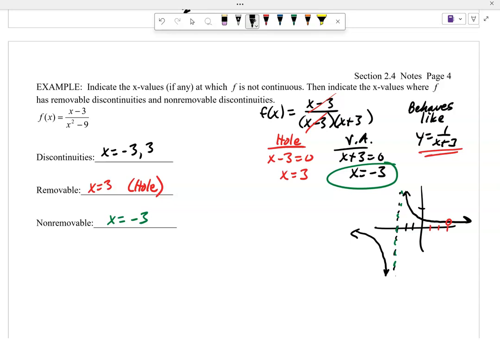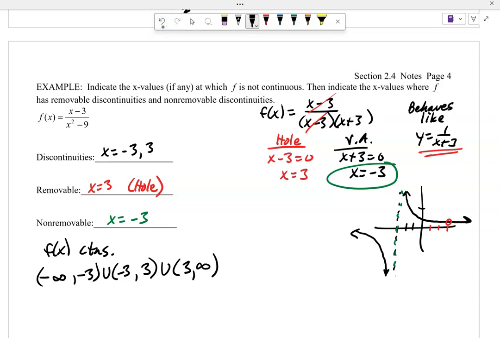So where is f of x continuous at? From negative infinity up to negative 3, and then between negative 3 up until the hole, and then after the hole, it's also continuous after the hole. So this is where it's continuous, this function.